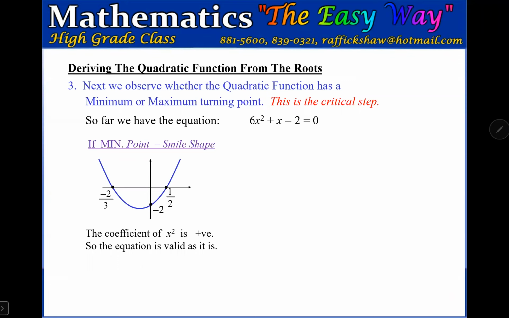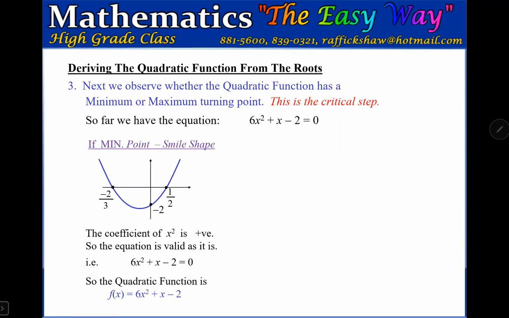The equation is matching this function. And since the equation matches the function, that equation is valid. So all we need to do is put in the f of x, or the y, on the function. And the same 6x squared plus x minus 2 is the function for that graph, because the equation matches the function in that case.